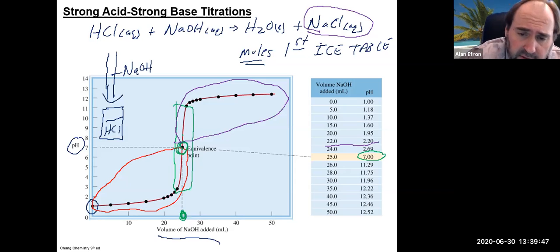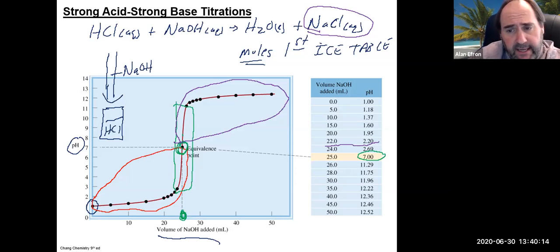Now, once you do start adding some sodium hydroxide in this particular example, like we talked about, you do need to do an ice table. So once you start adding all the way up to before the equivalence point, you do need to do an ice table, and that ice table does need to be done in moles, as we talked about. And the purpose of that ice table is to figure out how much strong acid will still be there.